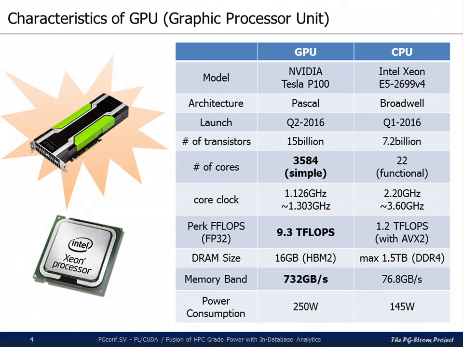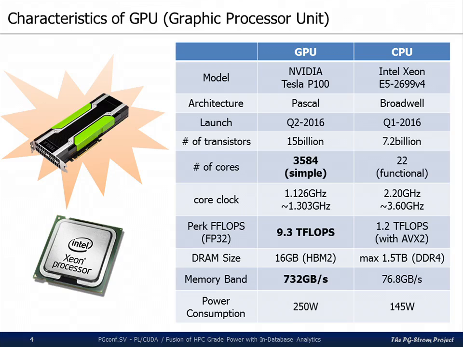GPU is an excellent device. It has many more processing cores than the CPU, but these processing cores have simple functionality, so we cannot apply any kind of problem to a GPU. We have to investigate what kind of problem is suitable or not.